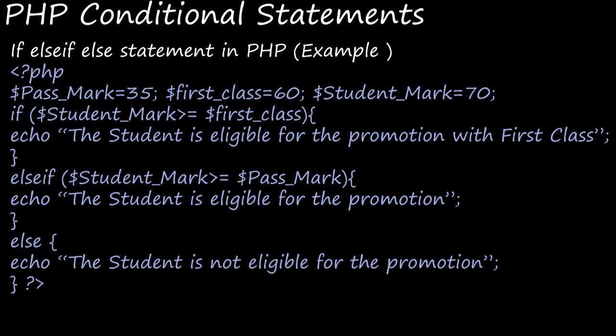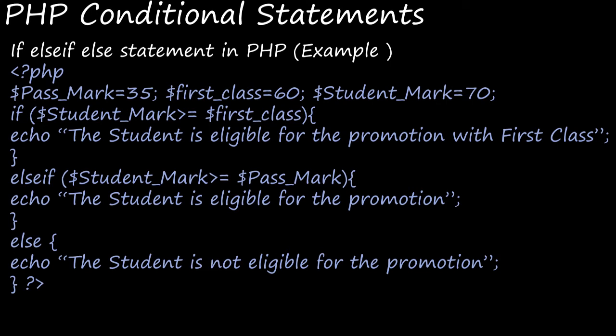In the else if line we have: student mark greater than or equal to pass mark. If the student mark is greater than or equal to the pass mark, then the next set of statements, here the student is eligible for promotion, will be displayed. Or if we give some set of code, that code will be executed.